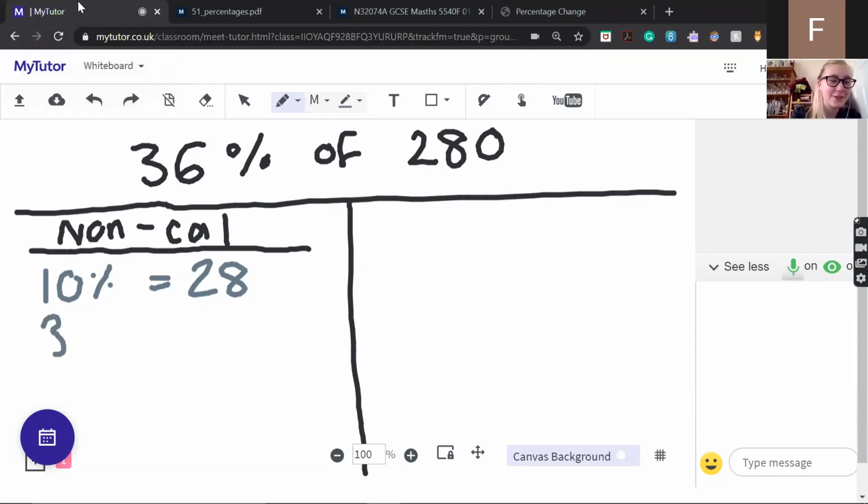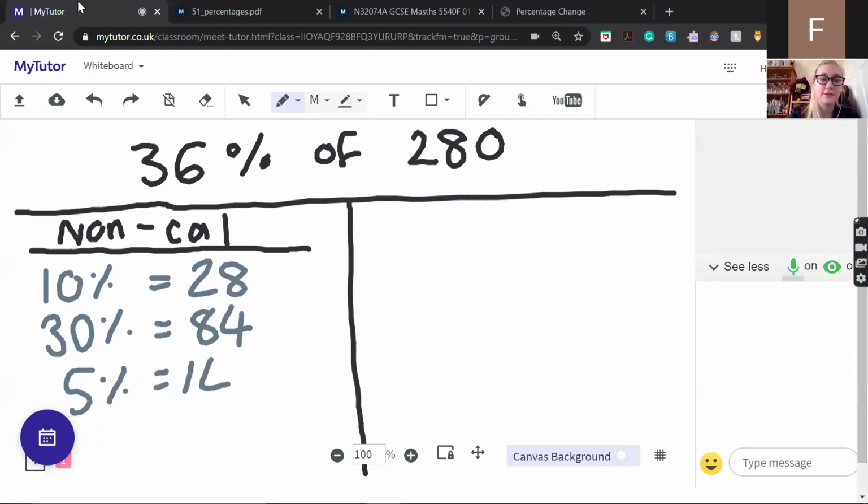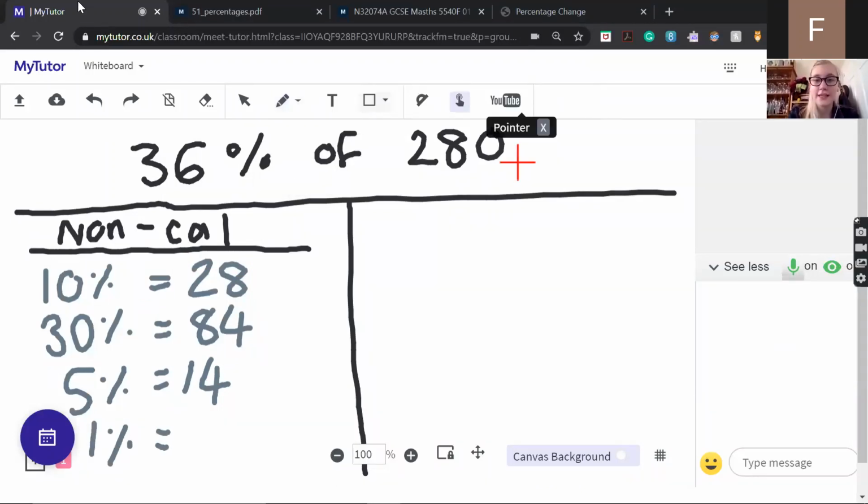Hopefully this makes sense once you do it. So here's what I'll do. 10% is that. So 30% is 3 lots of that. So that's going to be 84. 5% is half of this first one. So it's 14. 5% is just half of 10%, right? We've just divided that by 2. And then 1%, we divide this by 100. So we knock off the 0 and we put a decimal point here.